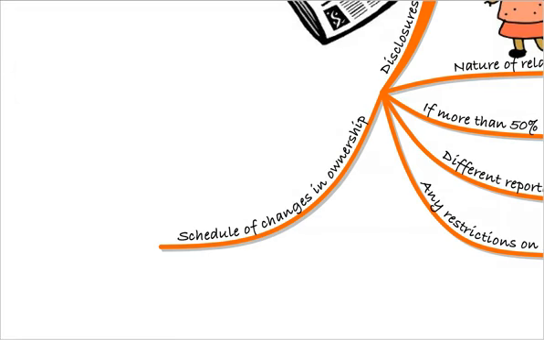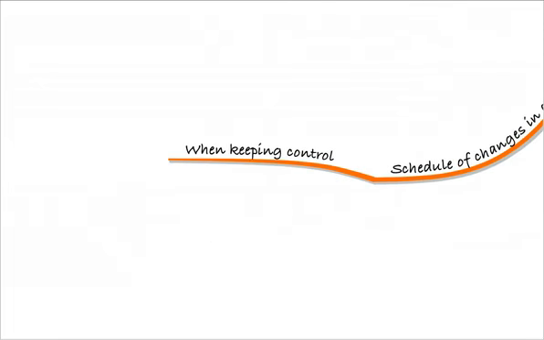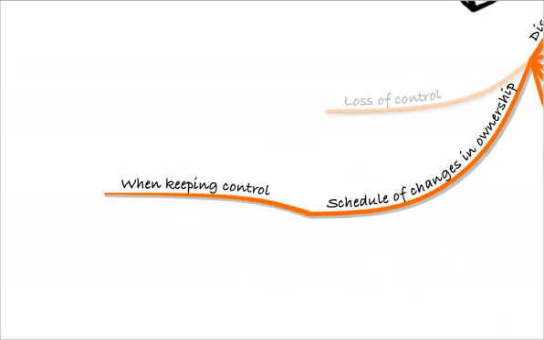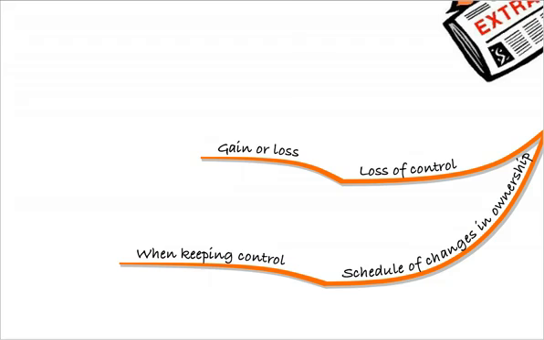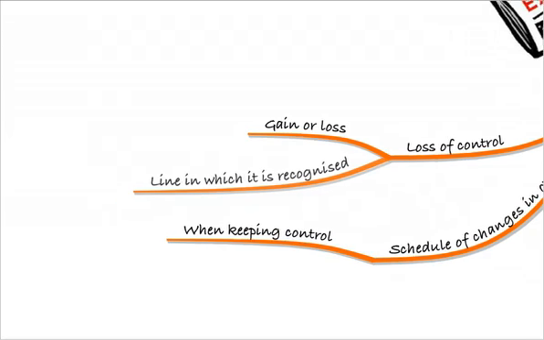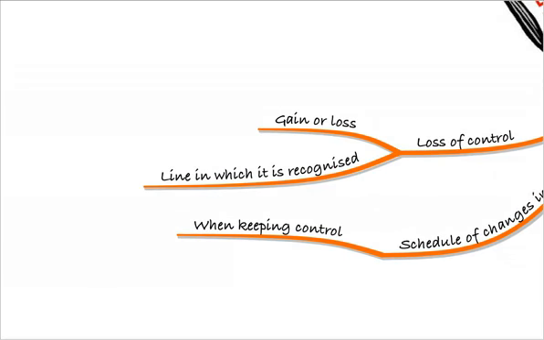You also need a schedule of the changes in ownership. So if you're keeping control, you need to say, right, we sold some shares, but we're keeping control, and that needs to be disclosed. If you've lost control, you need to disclose the gain or the loss that you've made, and you need to disclose the line in which it's recognised in the statement of comprehensive income.